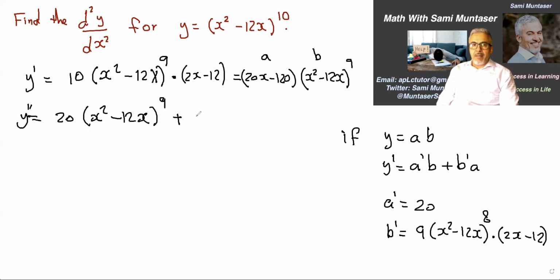So I'm just going to write that as 9 times 2x minus 12 times x squared minus 12x to the power of 8 times A, which is 20x minus 120, close the bracket.